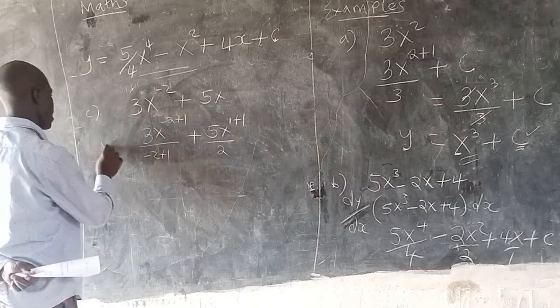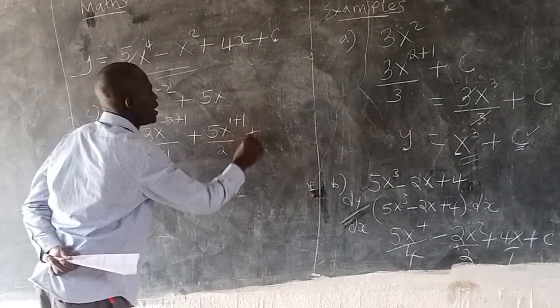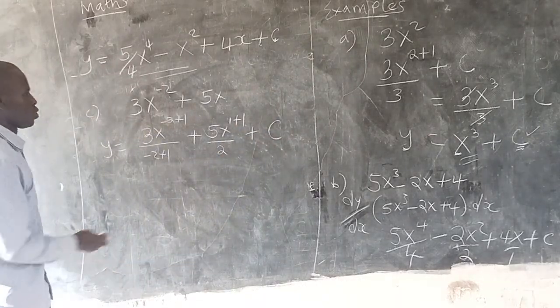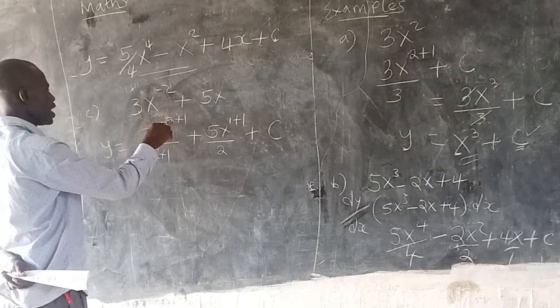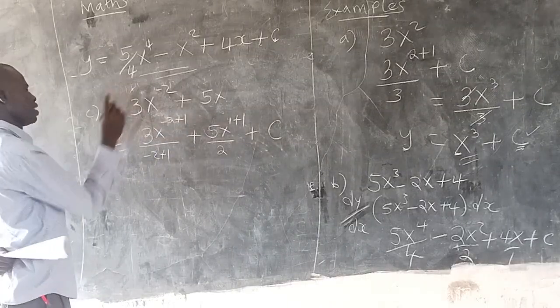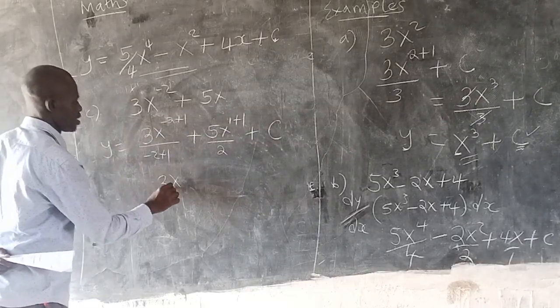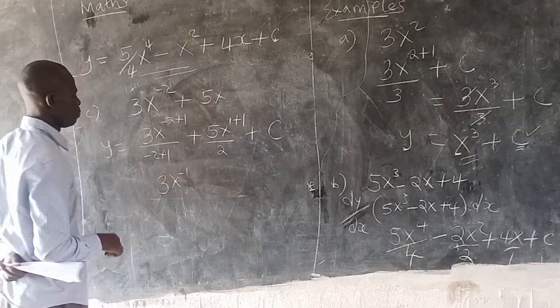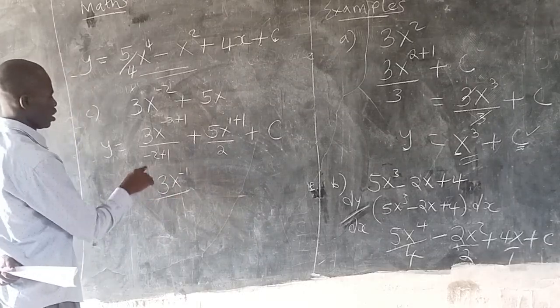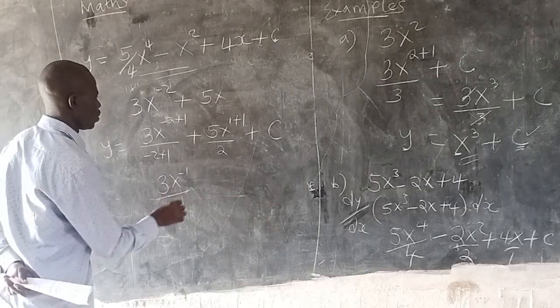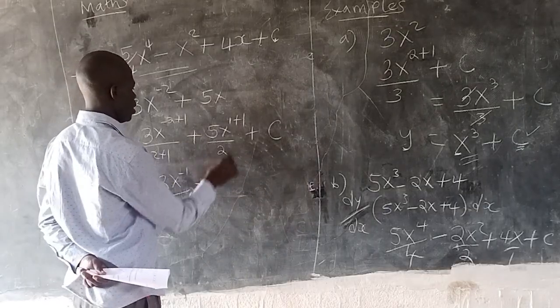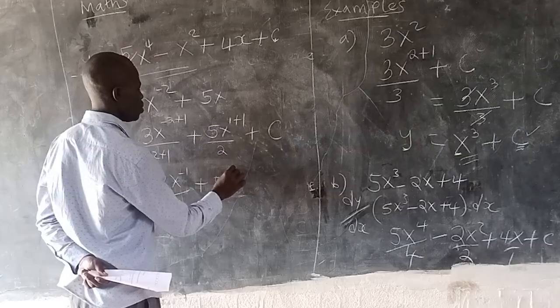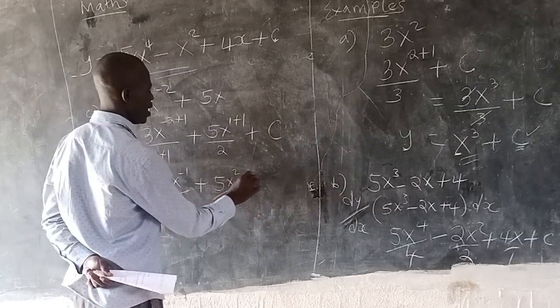So here is y equal to this. Then we add the constant c. So this one now becomes, negative 2 plus 1 is negative 1. So it is 3x raised to negative 1 over negative 1, plus 5x squared over 2, plus c.